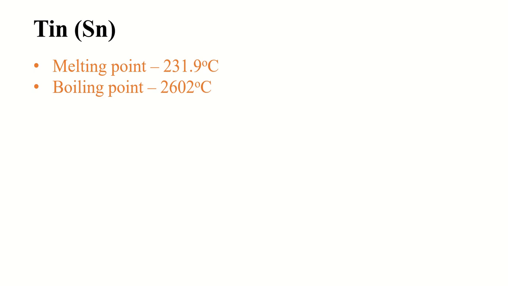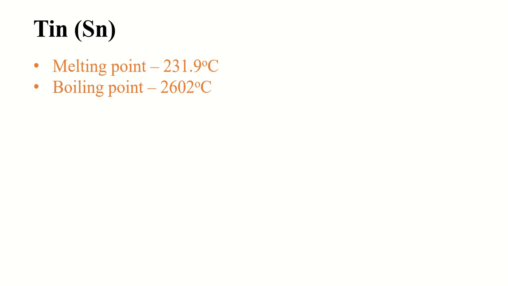Next metal is tin. Tin also has a very low melting point, so it is commonly used with the lead for formation of the solders. And boiling point is 2600 degrees centigrade.